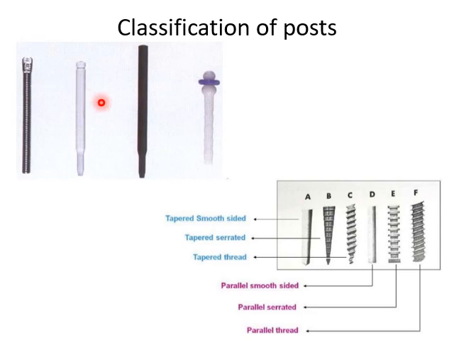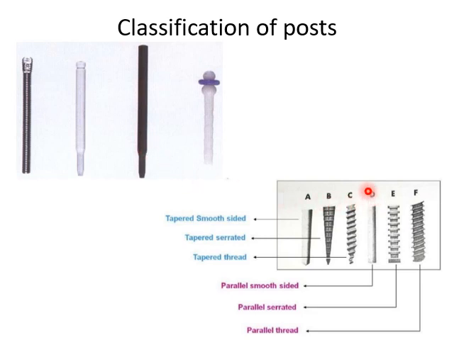These are examples for different types of post of different material and different design. This is the metallic one, and this is the tooth colored, and this again the tooth colored post, and this is the carbon fiber post.